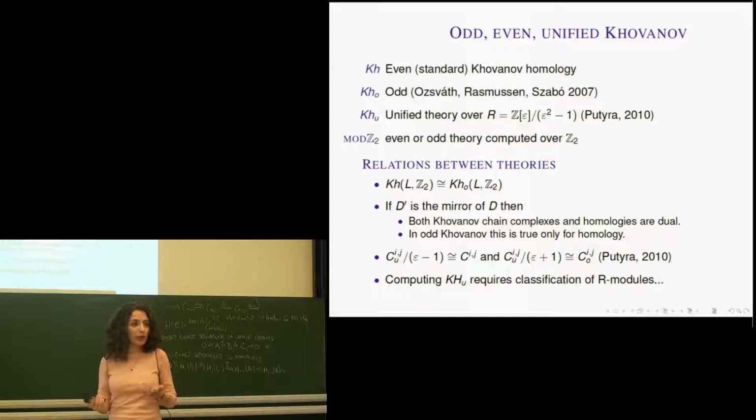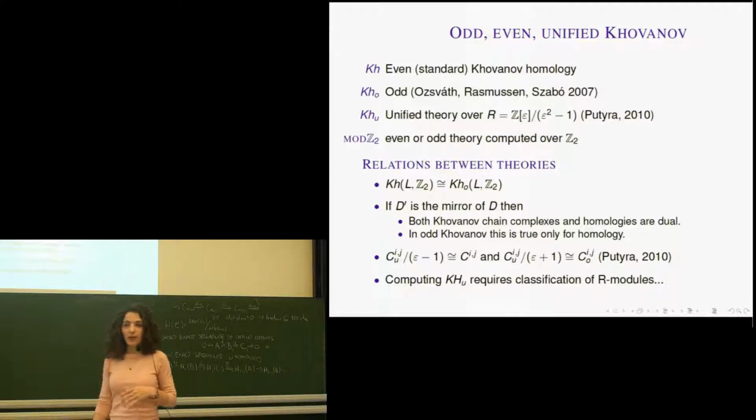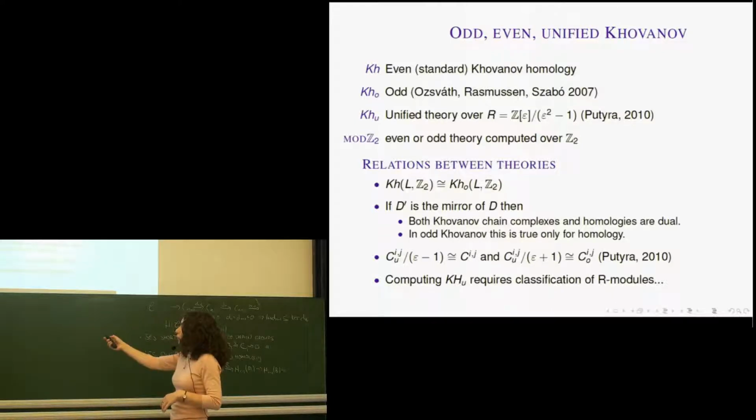So if you encounter that in any papers, it's just the standard Khovanov homology. So I'll drop the subscript here, but usually it's KH sub E. And then in 2010, Krzysztof Putyra came up with a unified theory. That's a more complicated algebraic construction. That's a theory that works over a different ring.